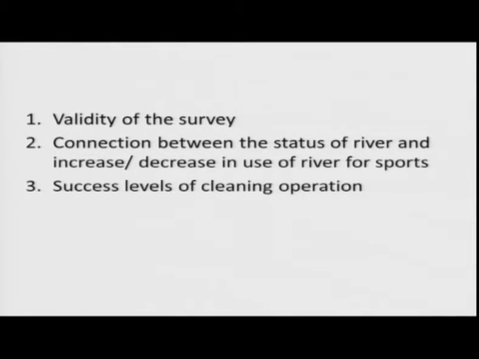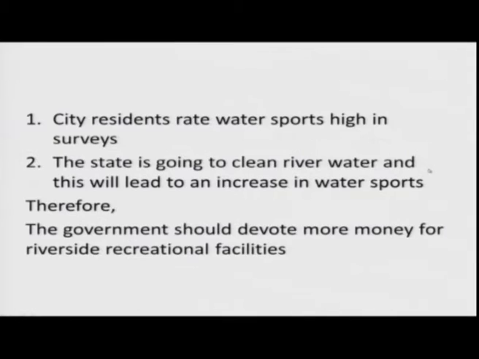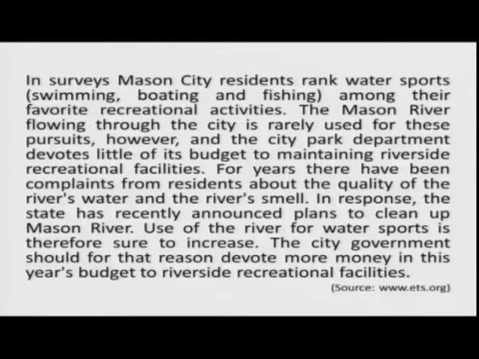Okay. The second one is the connection between the status of the river and an increase or decrease in the use of the river for sports. So, the text says the quality of the river's water has been very bad.